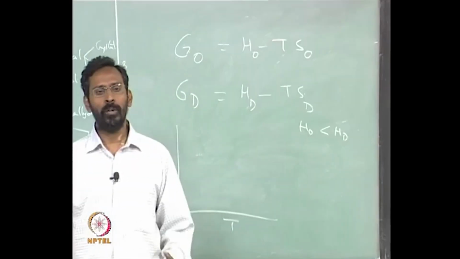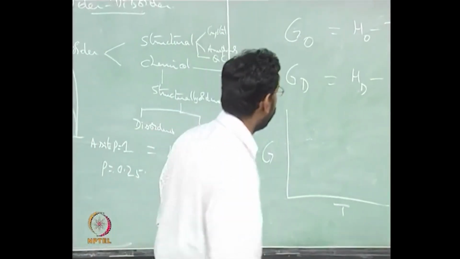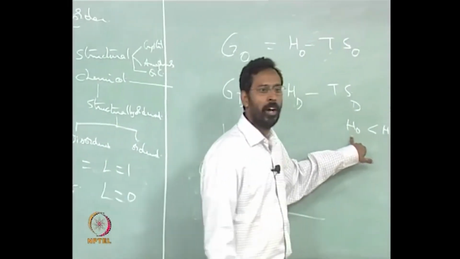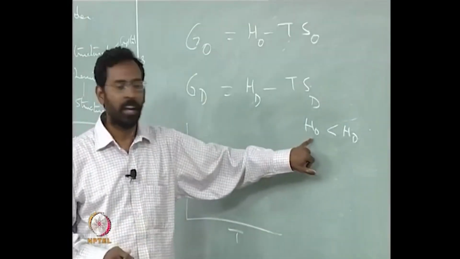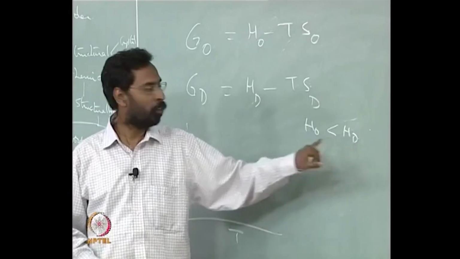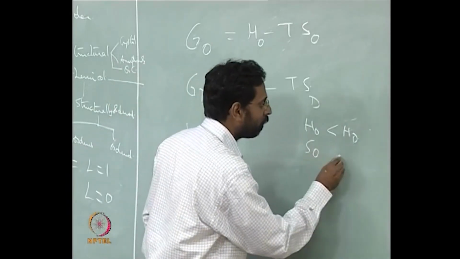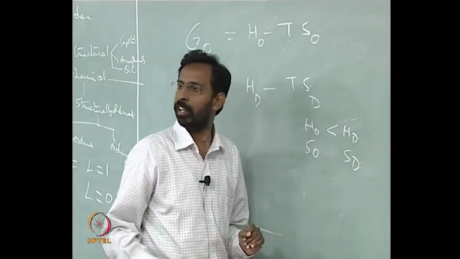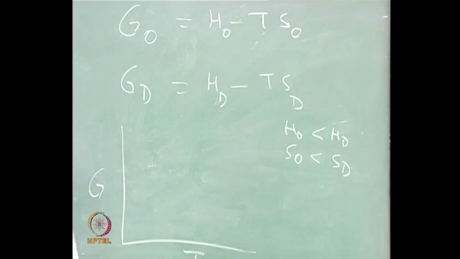Disordered structure would not have the same bonding, so here in the ordered structure there is more attraction between A and B, so this is more negative than this, so this is less than that. And similarly, S of the ordered structure is also lower than the S of disordered.